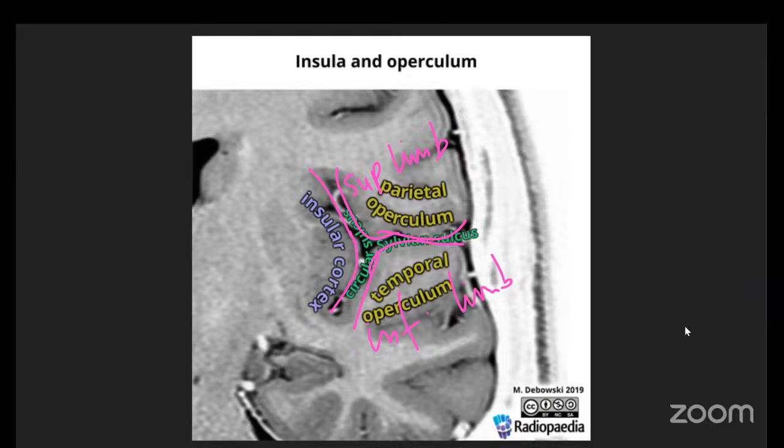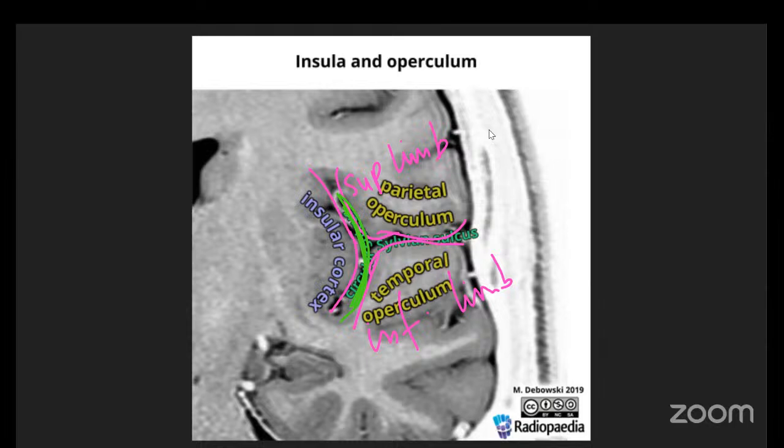Is it clear? What sulcus is this? It's marked. What is the sulcus that overlies the insula? Circular sulcus.